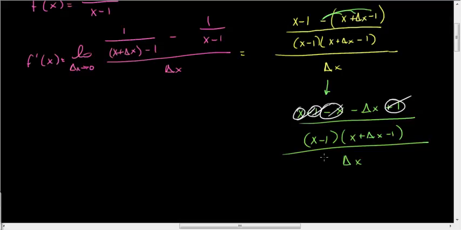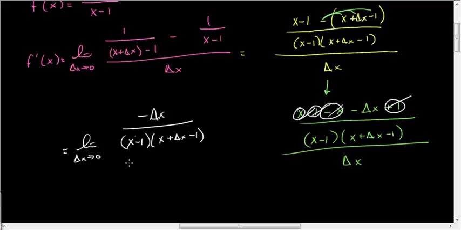And I am simply left with the limit as delta x tends to 0 of negative delta x over x minus 1 times quantity x plus delta x minus 1, all over delta x.